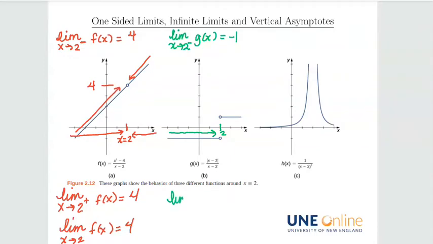As opposed to if we look at what's happening as x approaches 2 from the right of our function g of x, they're approaching this direction, and that is equal to 1. In this case, the limits from the left and the limits from the right do not agree, and so the full limit, the limit as x approaches 2 of g of x, does not exist. We abbreviate that DNE, does not exist.